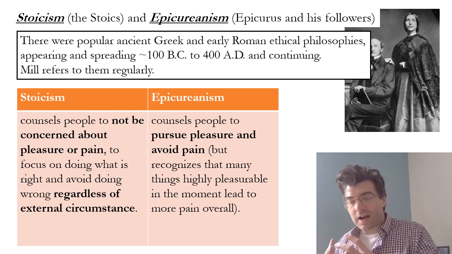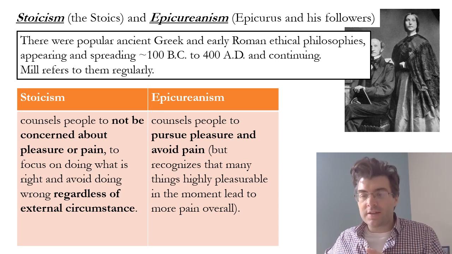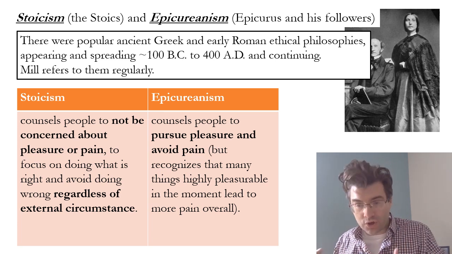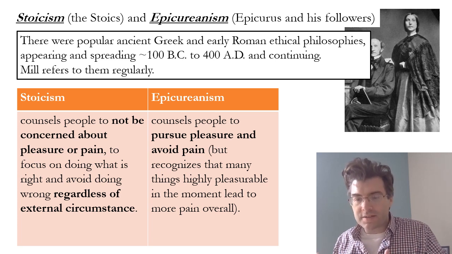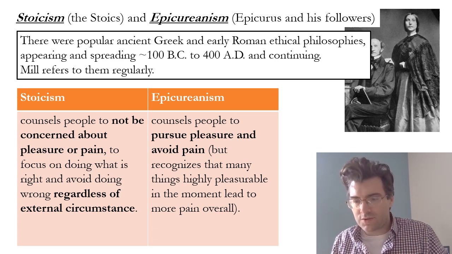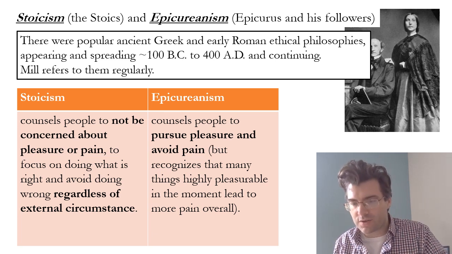And it was that kind of self-control in the face of whatever happens externally that made one's life a good life. They didn't focus so much on happiness, but the best kind of life, they thought, and the most content kind of life would be one that wasn't just seeking pleasure and avoiding pain in these ways, but rather was trying to do the right thing.